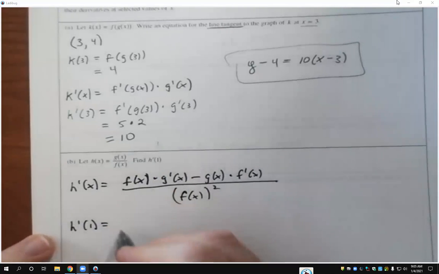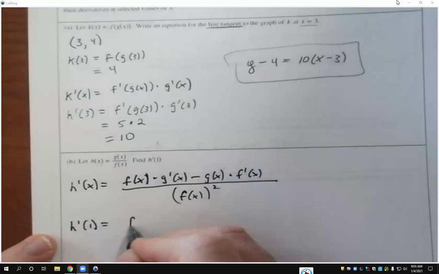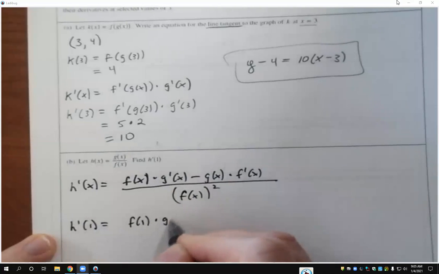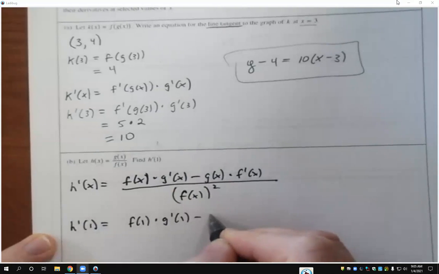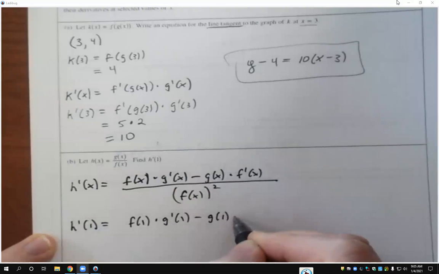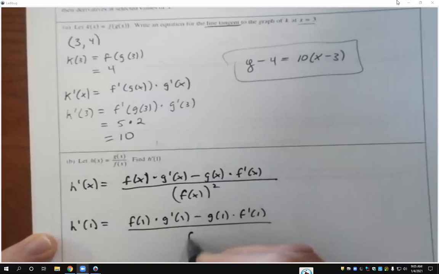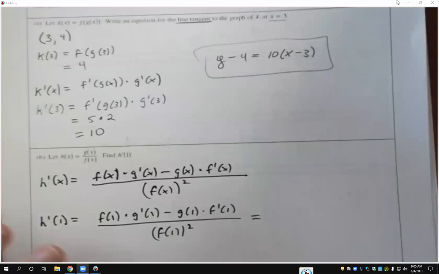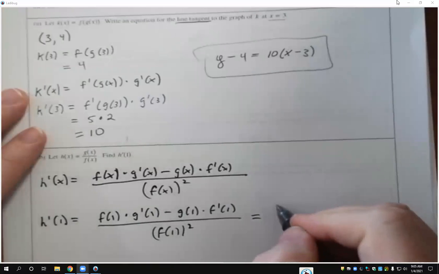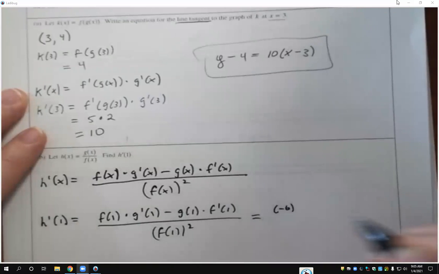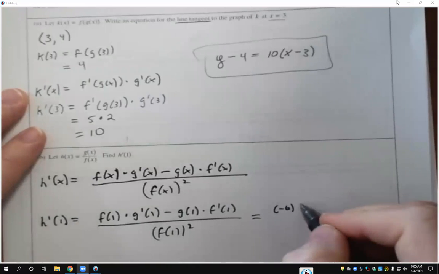All right, so now we're just going to plug in our 1. So it's f of 1 times g prime of 1 minus g of 1 times f prime of 1 all over f of 1 squared. And then you're just pulling numbers out of your table. f of 1 is negative 6. g prime of 1 is 8.